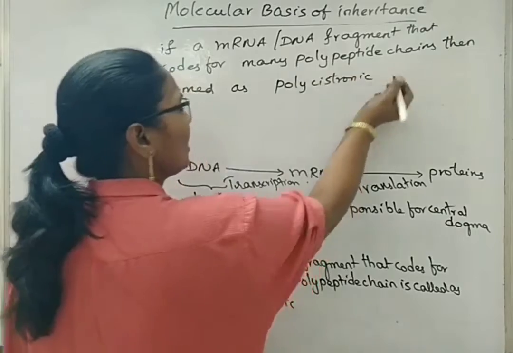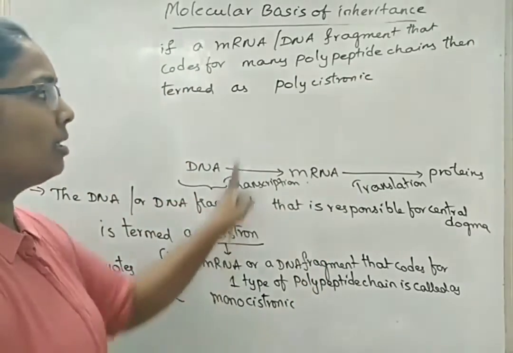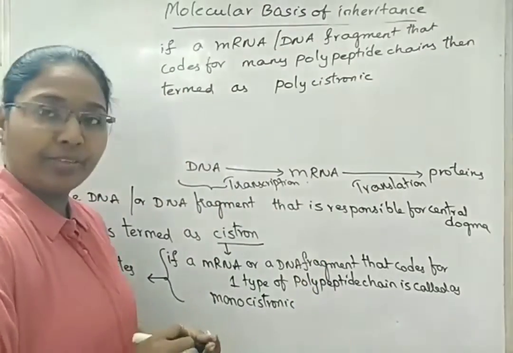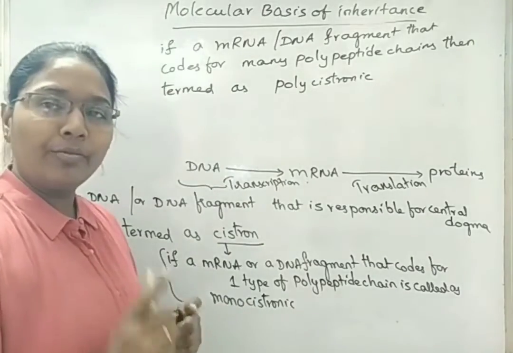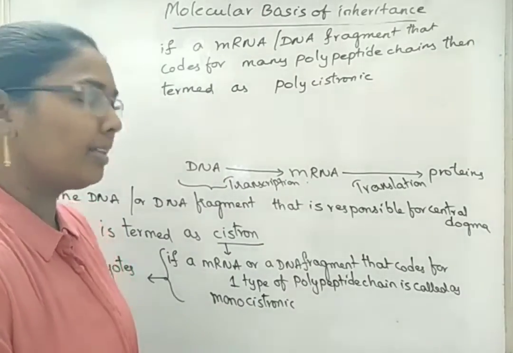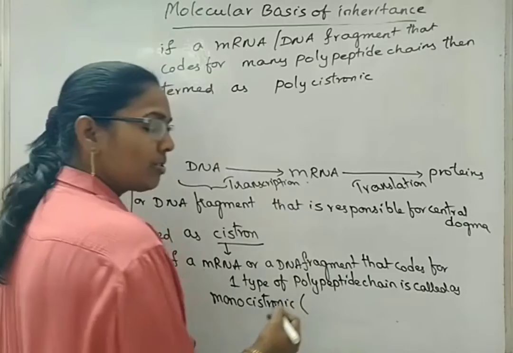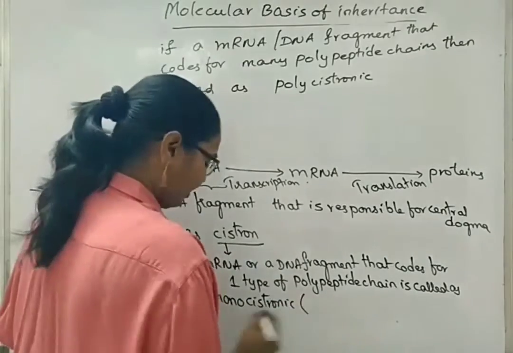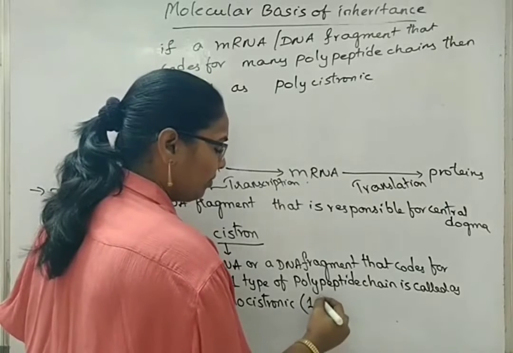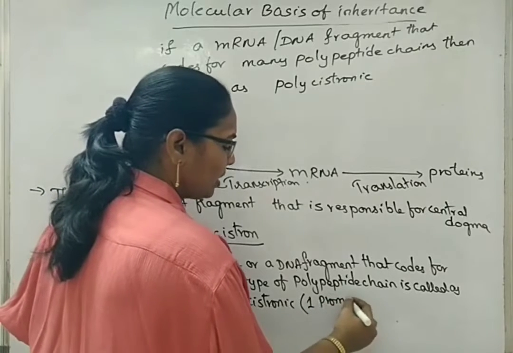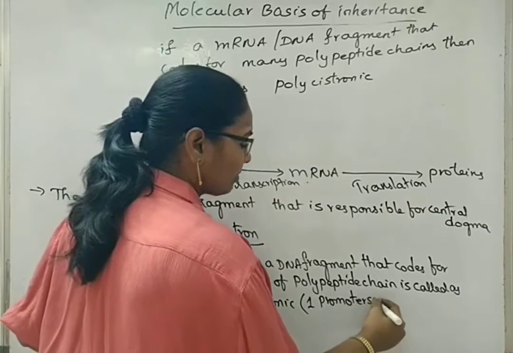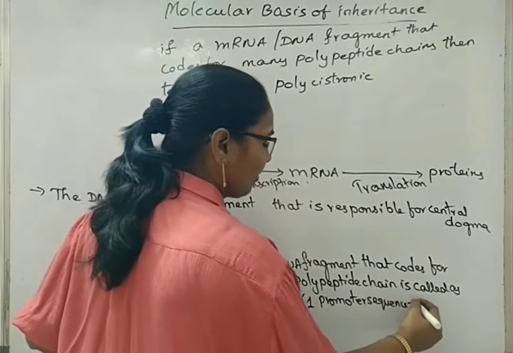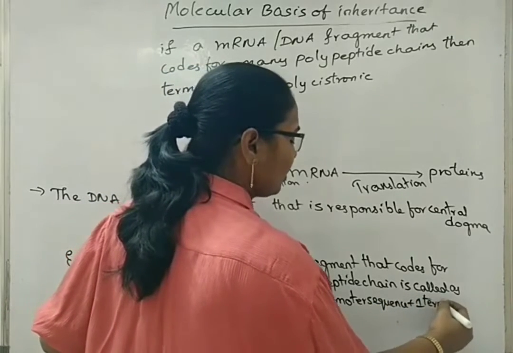We should remember that either monocistronic or polycistronic type of mRNA has only one promoter sequence and one terminator sequence. Polycistronic in the term does not mean there are many types of promoter sequences. One promoter sequence plus one terminator sequence.